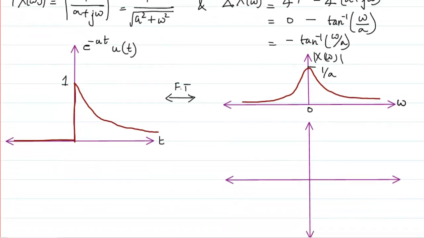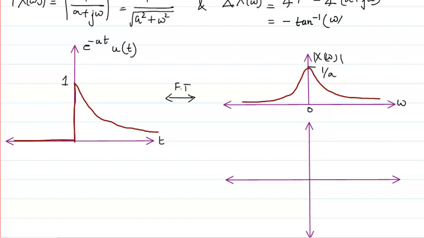Next, if I have to draw the phase of the same, the phase is given by this equation. Let me write it on the side, otherwise it may get overlapped. This is going to be equal to minus tan inverse of omega by a.